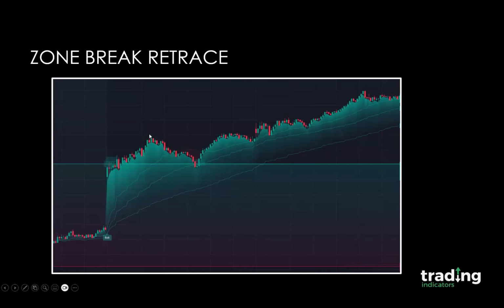It retraces back, and where does it retrace to? It retraces back to the broken resistance zone, which is now acting as support. A great opportunity for you to re-enter at this level, placing your stop loss once again just below this level before price takes off once again in the breakout direction. So one of my favorite setups, the zone break retrace.